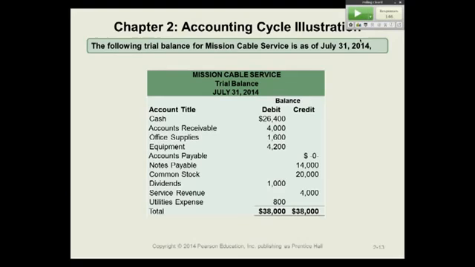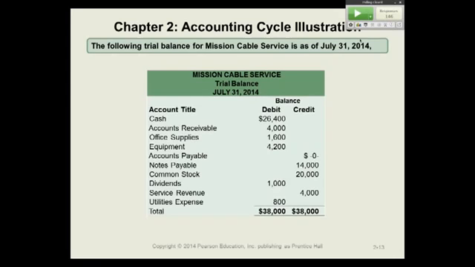All a trial balance represents is a listing of the accounts in their debit and credit columns. Now, where do you get the information from? It's going to come from the general ledger. So if you go back to the ledger accounts, I'll give you an idea. You see that cash is 26.4, and accounts receivable is 4.